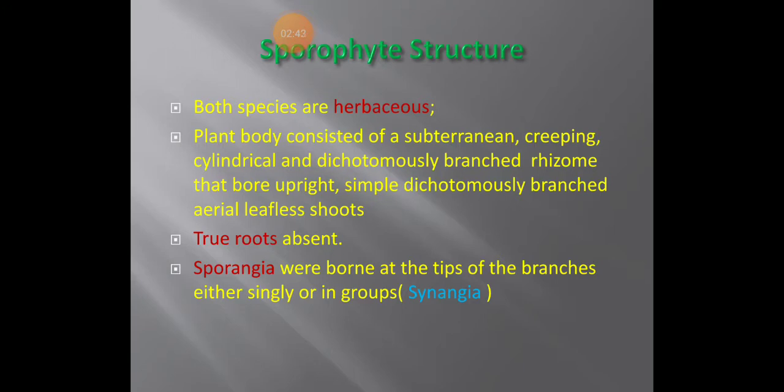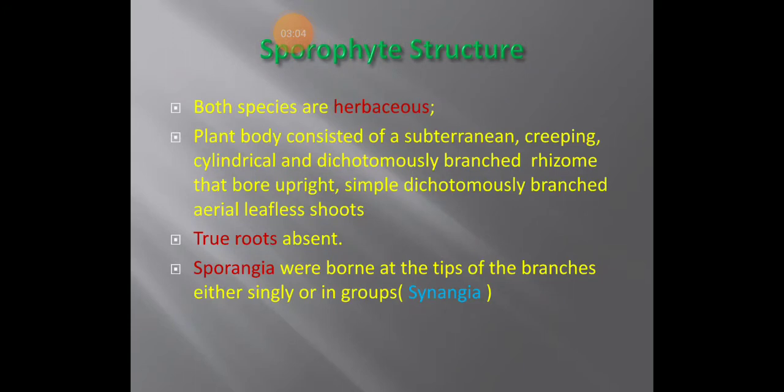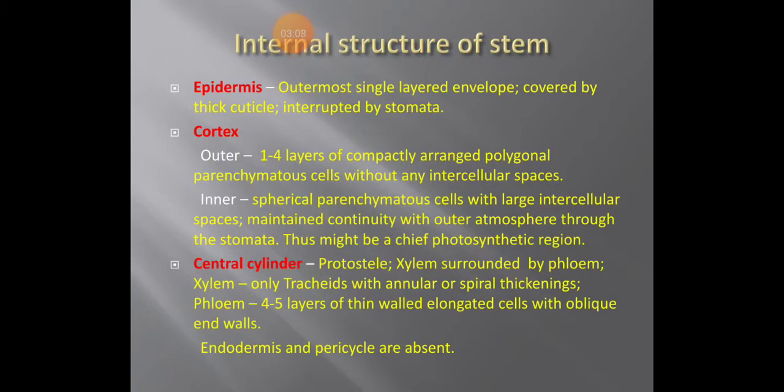True roots are absent in the Rhynia fossil material. Sporangia are borne at the tip of the branches either singly or in a group, called a synangium. You will see synangia in Psilotum, and that synangial condition also occurs in this primitive pteridophyte, Rhynia.